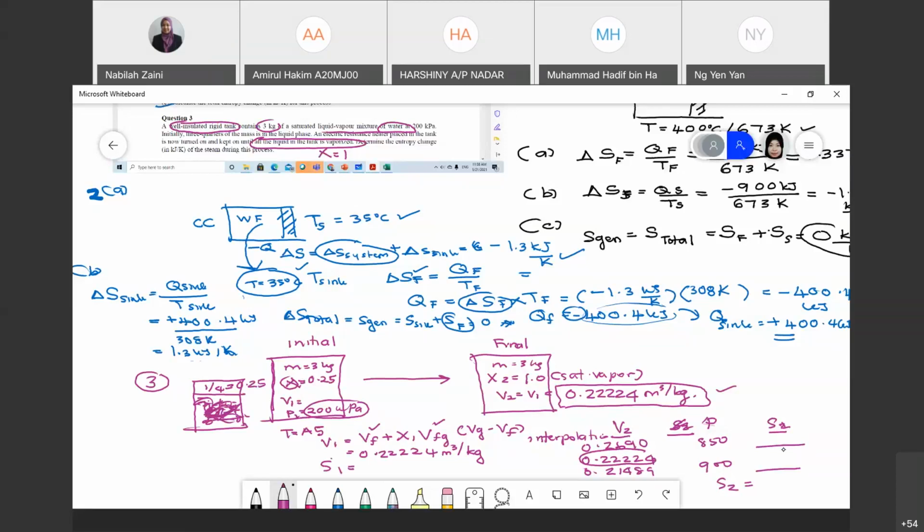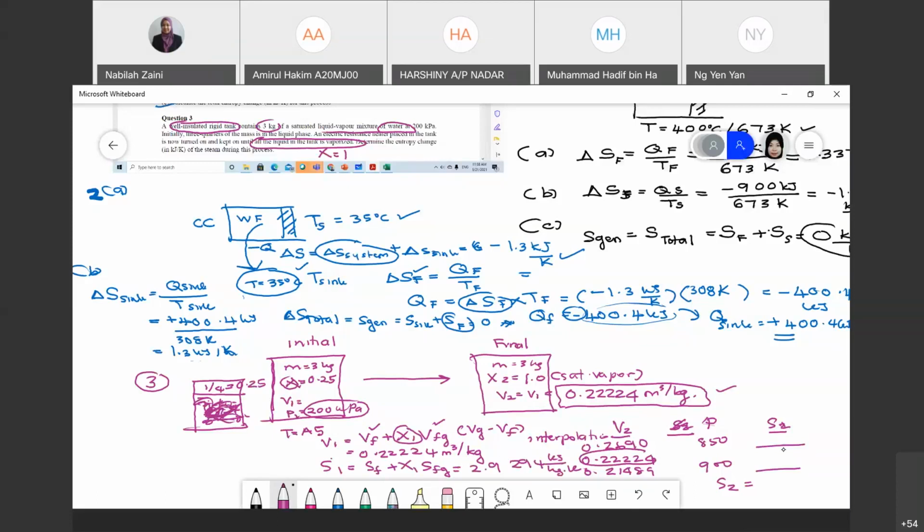For S1, you can also use this X to find S1, which is SF plus X1 SFG. Then the answer is 2.9294 kilojoule per kilogram Kelvin.